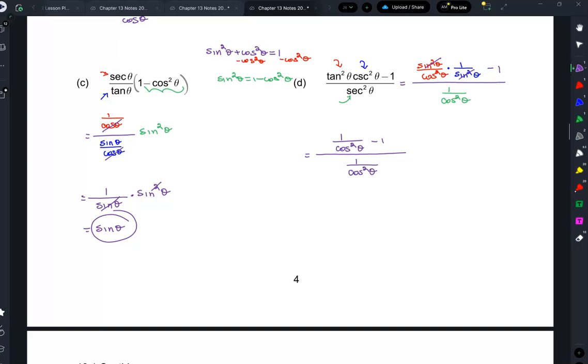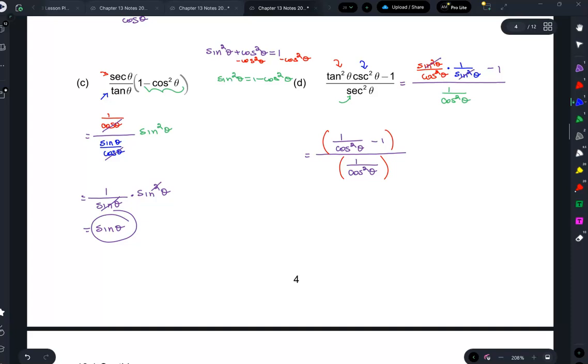So again, I've got a main fraction with fractions on top, fractions on the bottom. This is a mega complex fraction. I need to simplify this. So to simplify, we can multiply top and bottom by the common denominator across all the denominators. How many denominators exist in this?